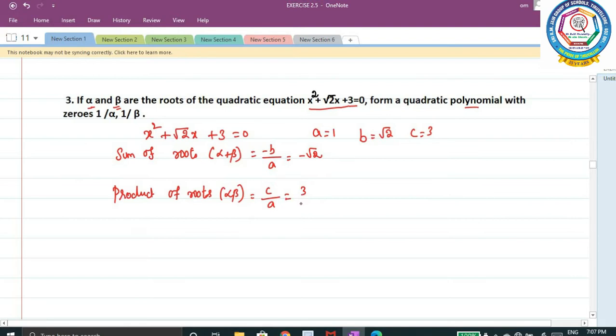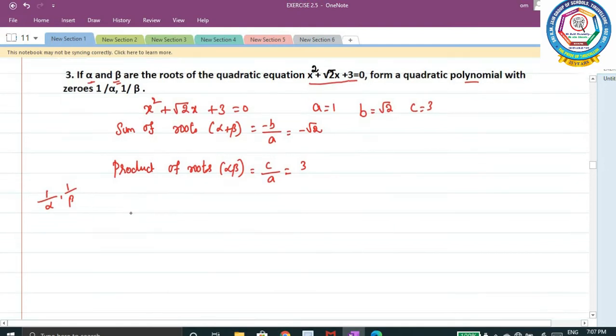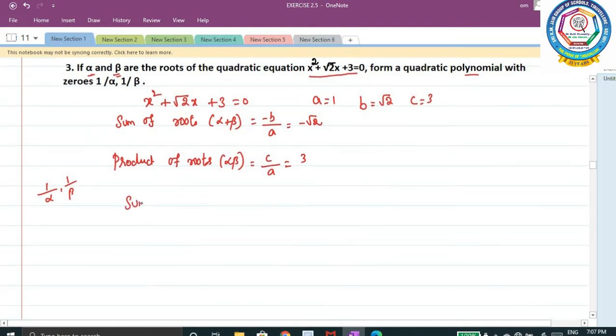Then here the zeros are given. What are the zeros given? 1 by alpha and 1 by beta. From this we have to find the sum of roots and product of roots. Sum of roots equal to 1 by alpha plus 1 by beta. So we have to simplify. Cross multiplying, we get beta plus alpha over alpha beta.